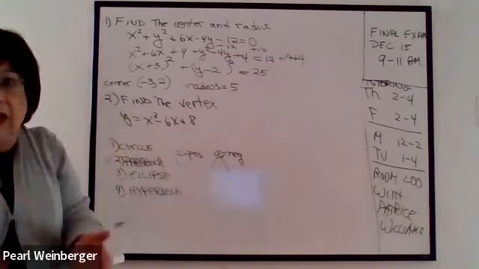Make sure they're crossing at the right place. Okay, so this is an example of graphing a hyperbola. Okay, I'm going to give you one to try now, and see if you can do a sketch of that hyperbola.